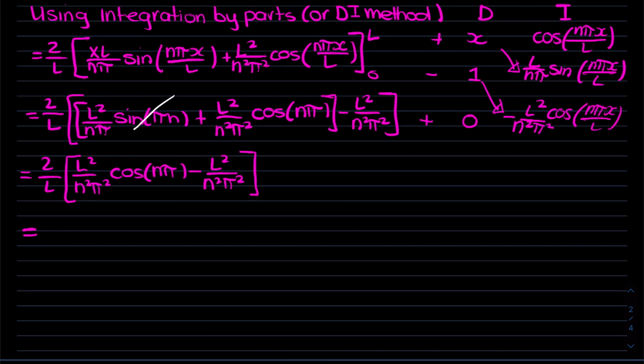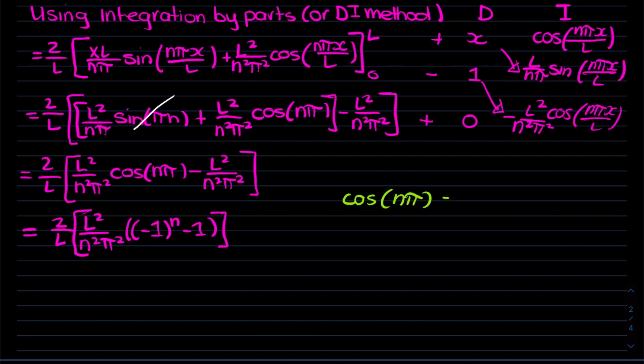What's further here? We can do 2 over L. Simplifying further, L squared over n squared pi squared, minus 1 to the n, minus 1. The minus 1 to the n, that's simply, if I do this in green, the cosine n pi just equals minus 1 to the n.